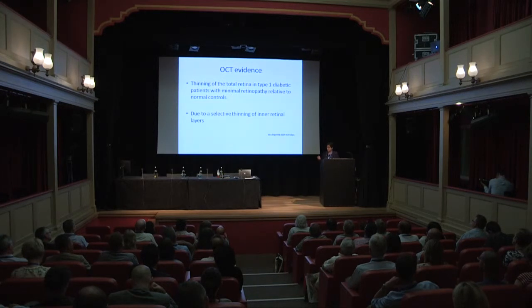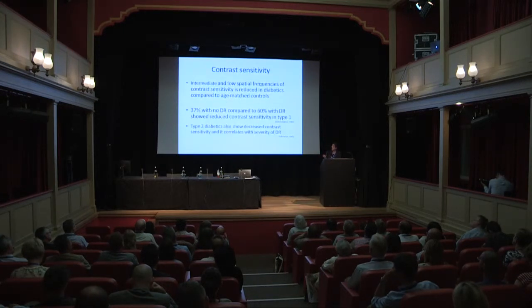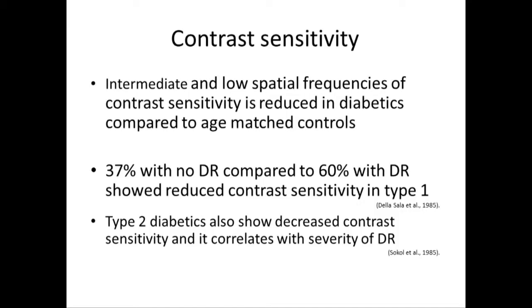microvascular changes, at least clinical evidence of microvascular changes. Another example, the intermediate and low spatial frequencies of contrast sensitivity are reduced in diabetes compared to age-matched normal. In a recent study by Della et al., they said 37% of patients with no diabetic retinopathy, compared to 60% with diabetic retinopathy, showed a reduced contrast sensitivity in type 1 diabetes.